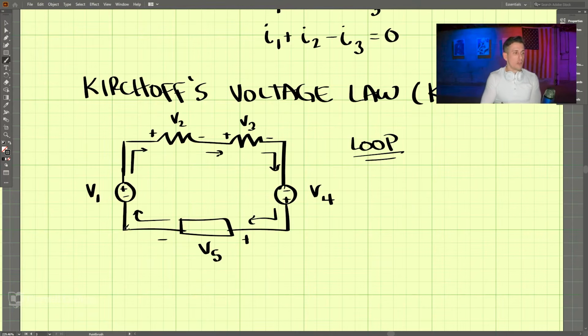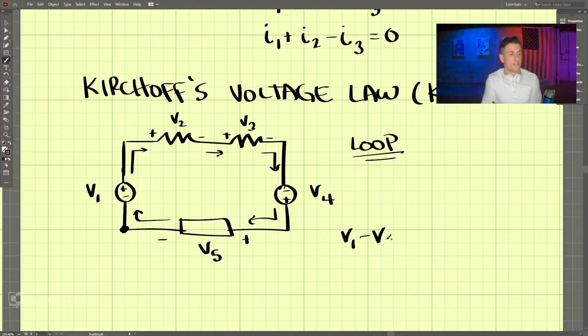Okay? So let's start right here. We're starting here. And if we go negative to positive, this direction, we say that's positive. So we have V1. So this is positive. Now we go positive to negative, and that is then a negative value.